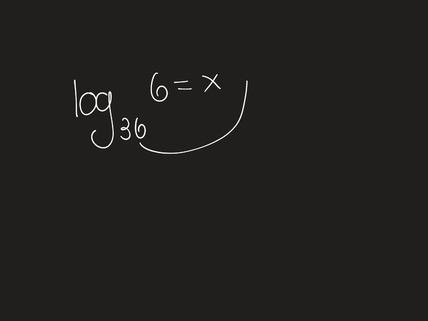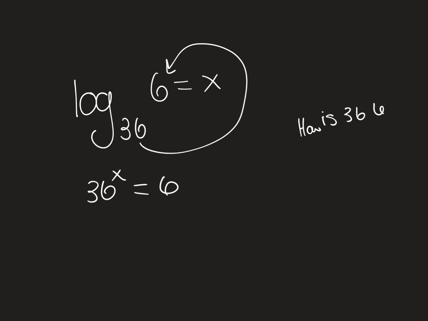Now this next one's a little bit tricky. So if I convert this, 36 to some power equals 6. Now you can sit here and think of powers, or you can say, how is 36 related to 6?